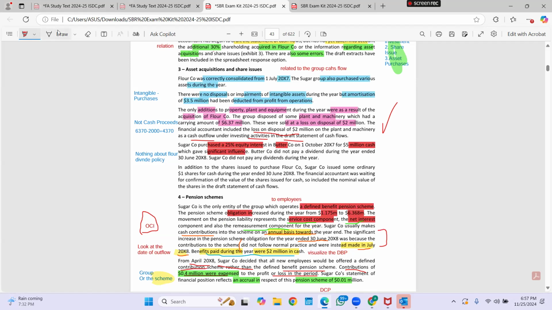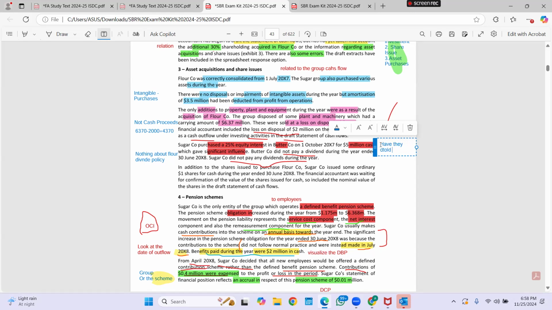Now, Butterco did not pay a dividend. That means the associate did not pay you a dividend. Sugar Co, who is the parent, also did not give any dividends. Okay, totally fine. But again, my question to you all is, have they told us that the subsidiary did not pay any dividends?